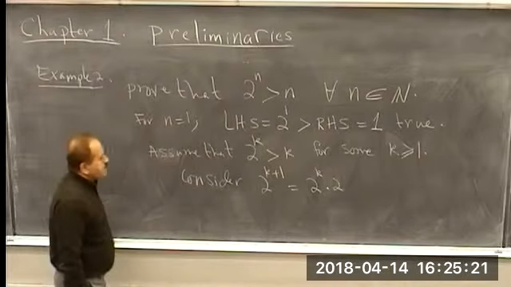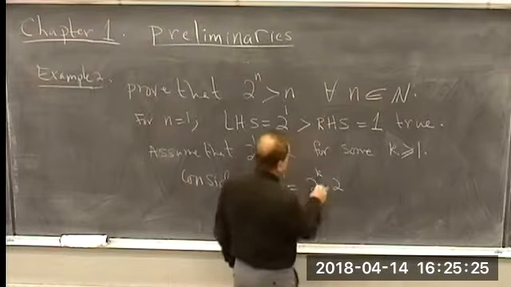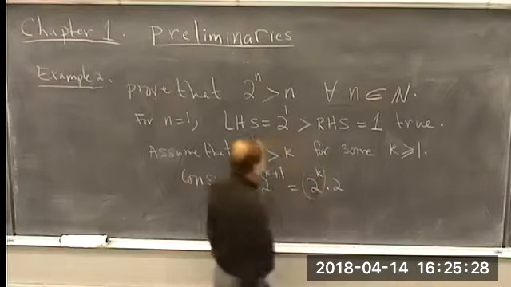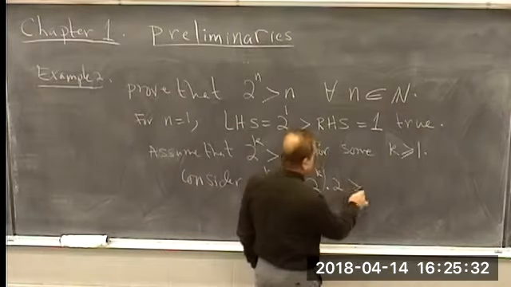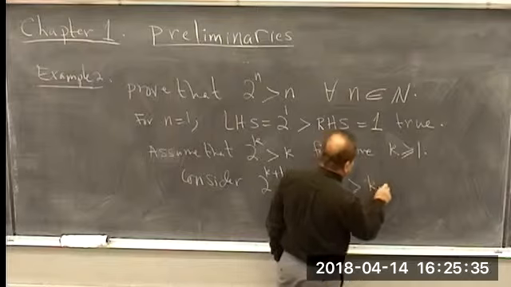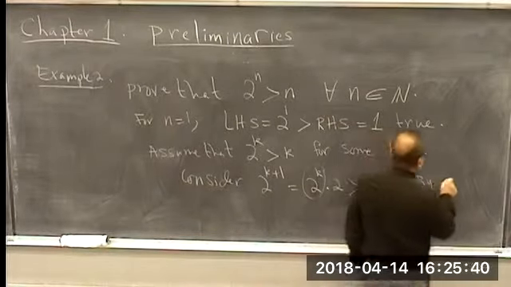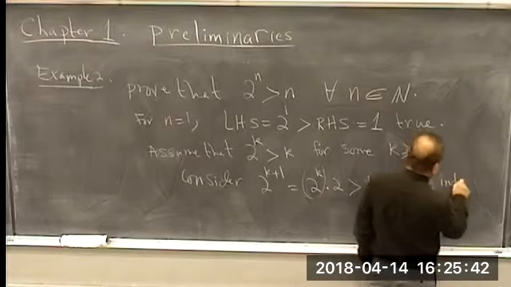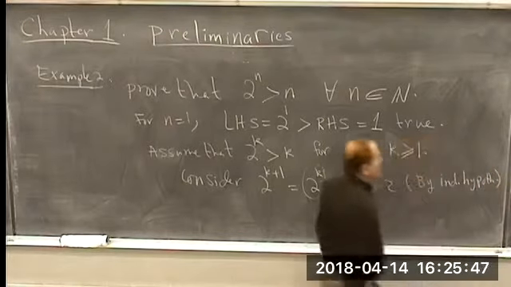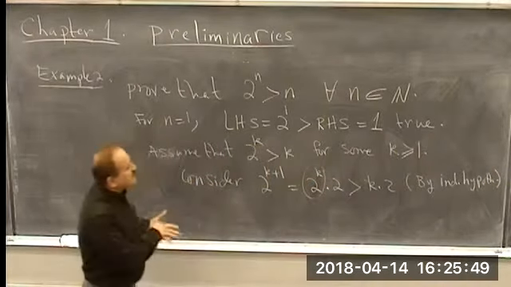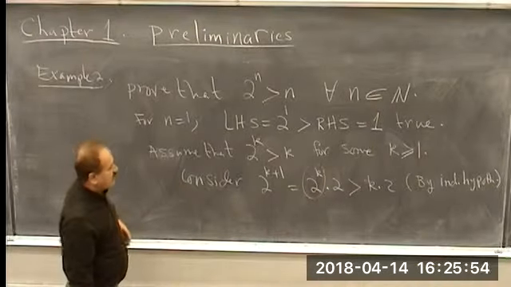All right? And because 2 to the k is bigger than k, the whole thing is going to be bigger than k times 2. So this is by the induction hypothesis. All right, that's what we call assuming it's true for k, and that's what we call the induction hypothesis.